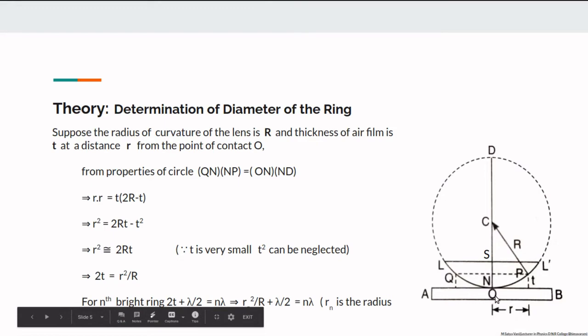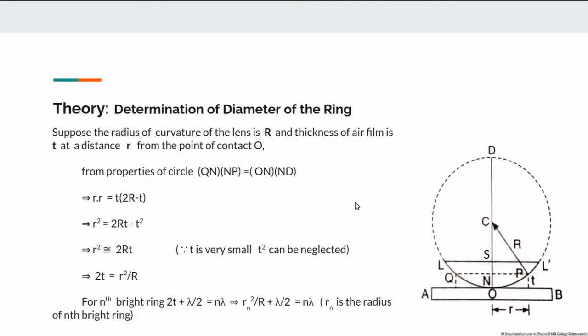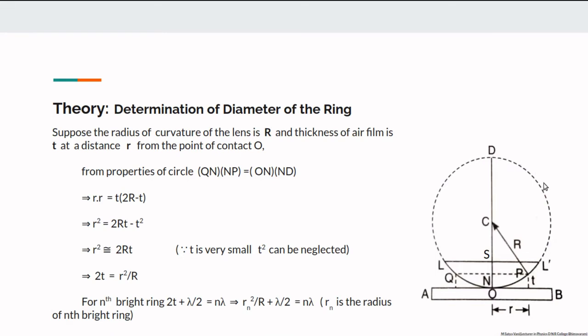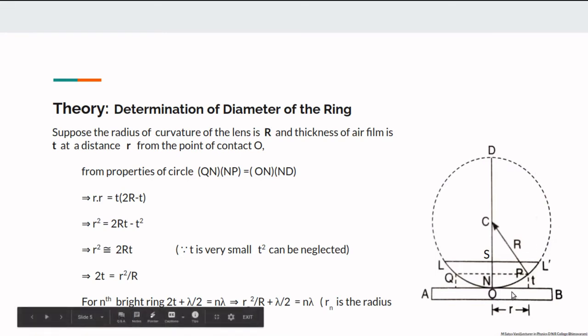We know that a lens is nothing but a part of a spherical surface. If you complete this surface, you get a sphere. This dotted line indicates the sphere from which the lens is taken.